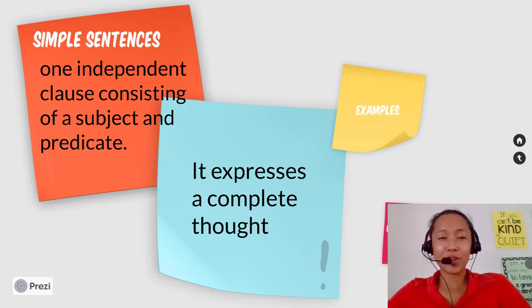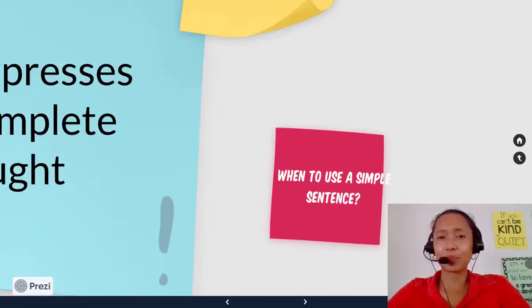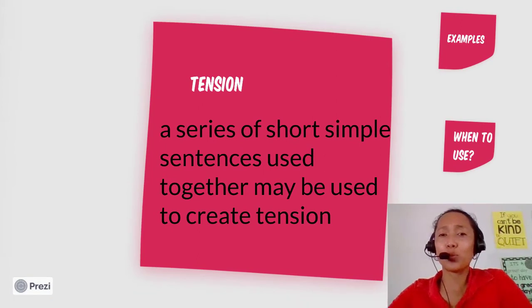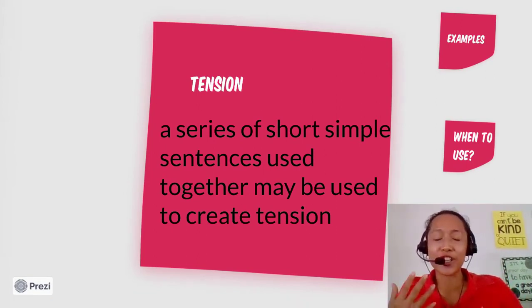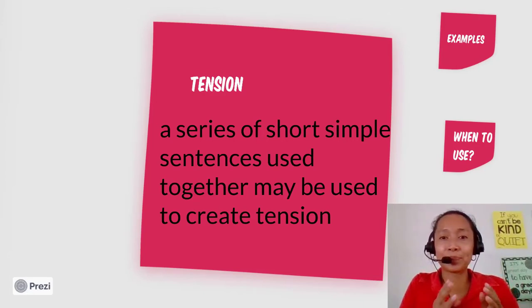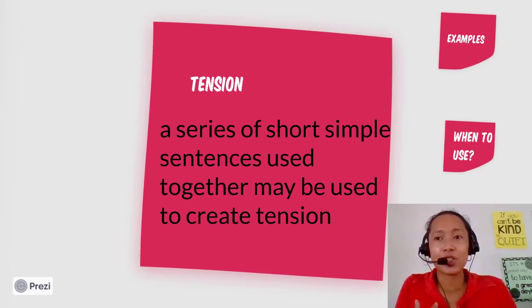Like, when can you use a simple sentence? A simple sentence can be used to build tension. You know, when you're reading one of those stories that are about mystery, short sentences can be used in writing to create that tension, that mystery.